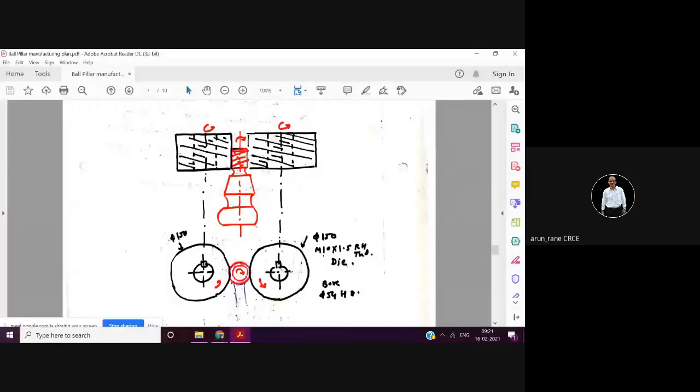So the threading die will be this. Generally, the diameter of the threading die is 150, and the pitch has to be the same. So here the pitch is 1.5 and it is an M10 threaded die. The outside diameter is 150 and the bore is 54.